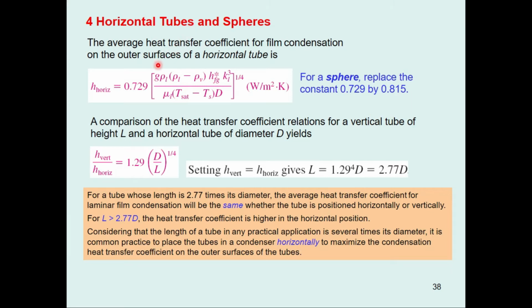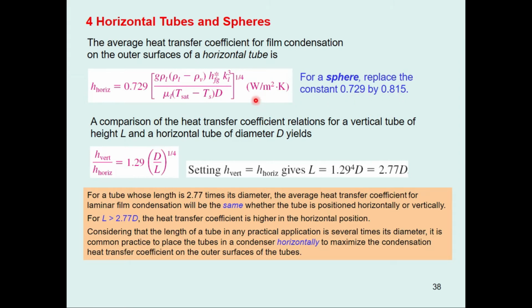The average heat transfer coefficient for film condensation on the outer surface of a horizontal tube is given by this relationship. This is the expression for the horizontal tube. There is a constant over here, 0.729. If you are using a sphere, you have to replace this constant 0.729 with 0.815.